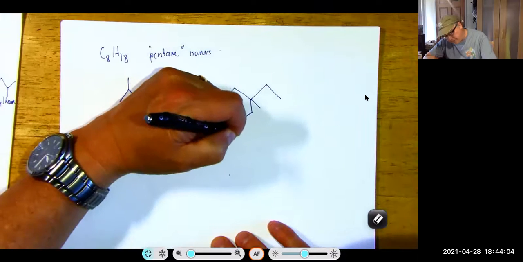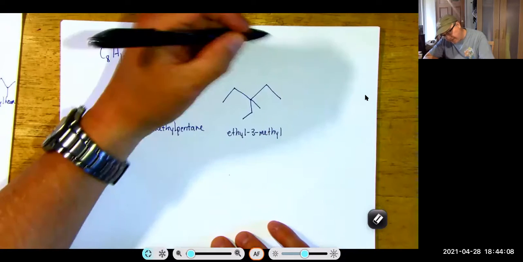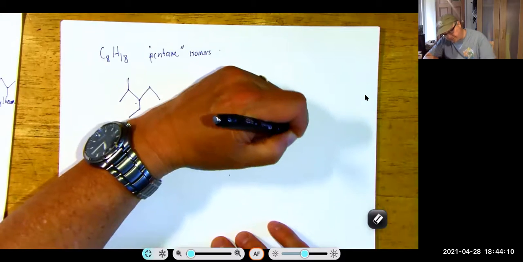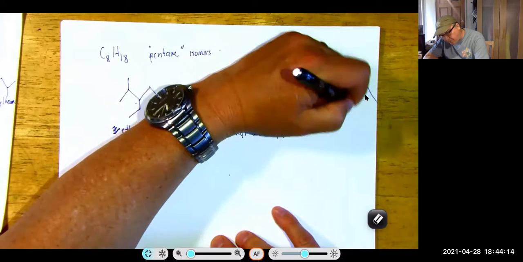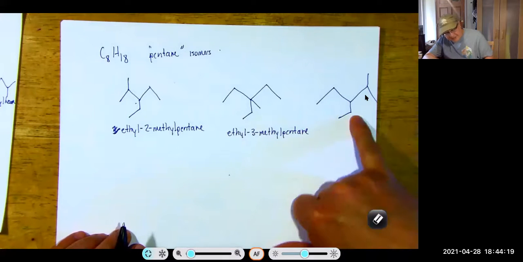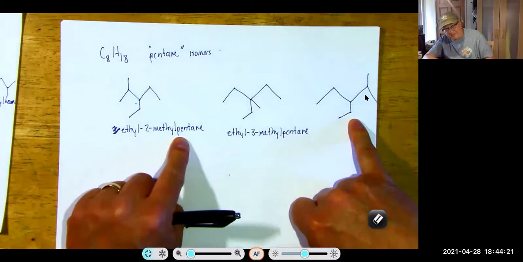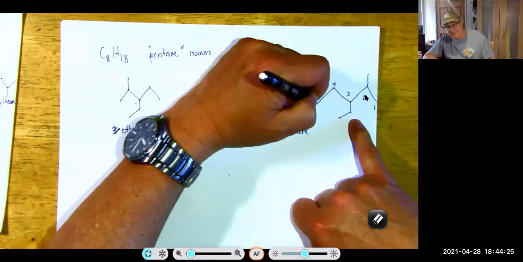Ethyl 3-methyl pentane. Keeping the ethyl here, can I put a methyl there? And it turns out that this is ethyl 2-methyl pentane, because this would be carbon 1, 2, 3, 4, 5.